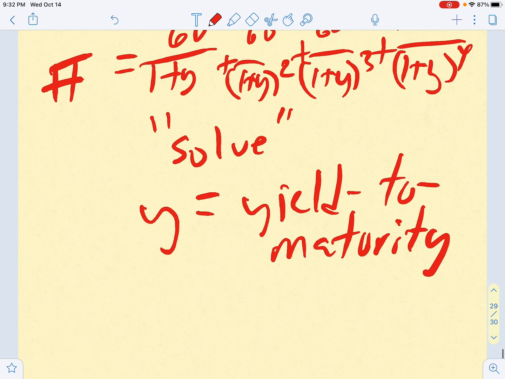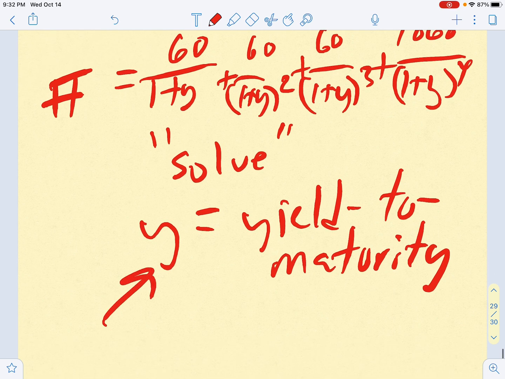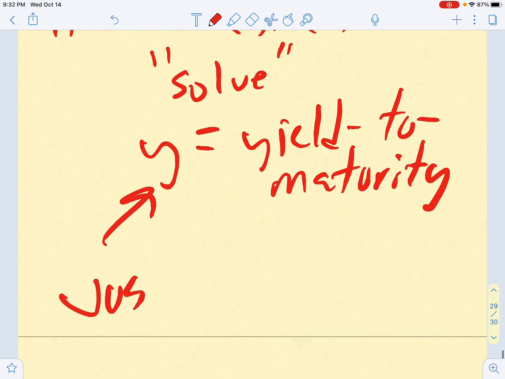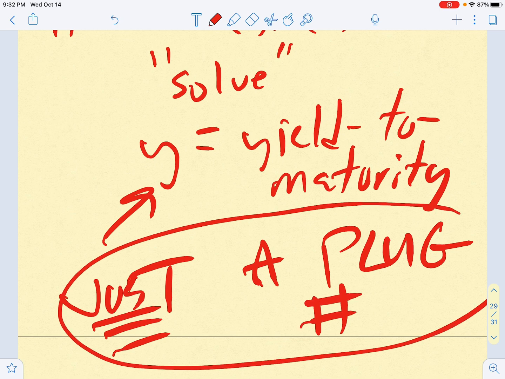And so now you can see that it is clear that yield to maturity is just a plug number. What do you mean by that?